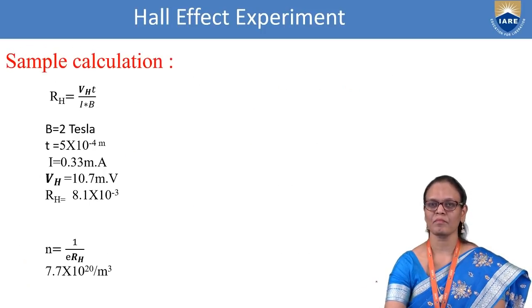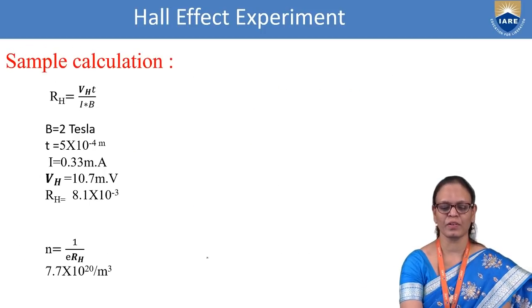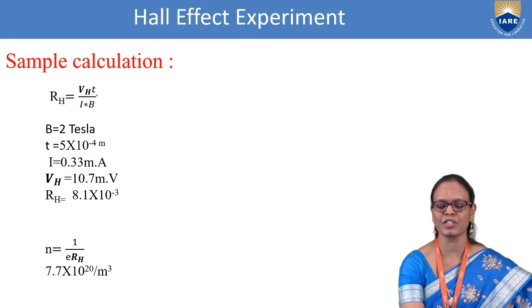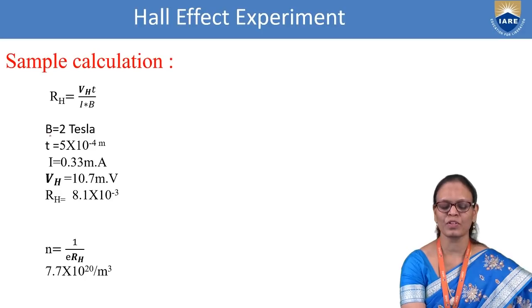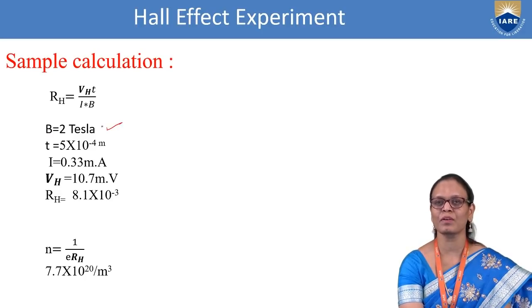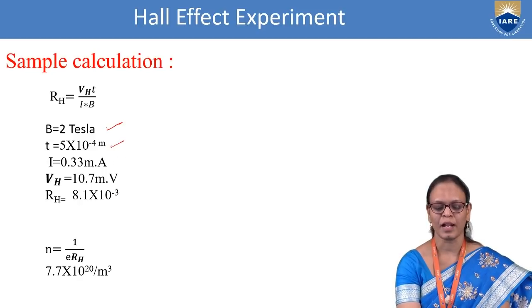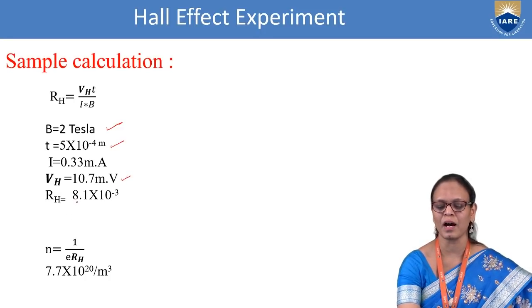So the sample calculation we are going to see. One calculation. The formula here is RH equal to VH into T by I into B. For the first reading, B is equal to 2 Tesla and the thickness is 5 into 10 power minus 4. Current is 0.33 and the corresponding voltage is 10.7. So how do we get RH?